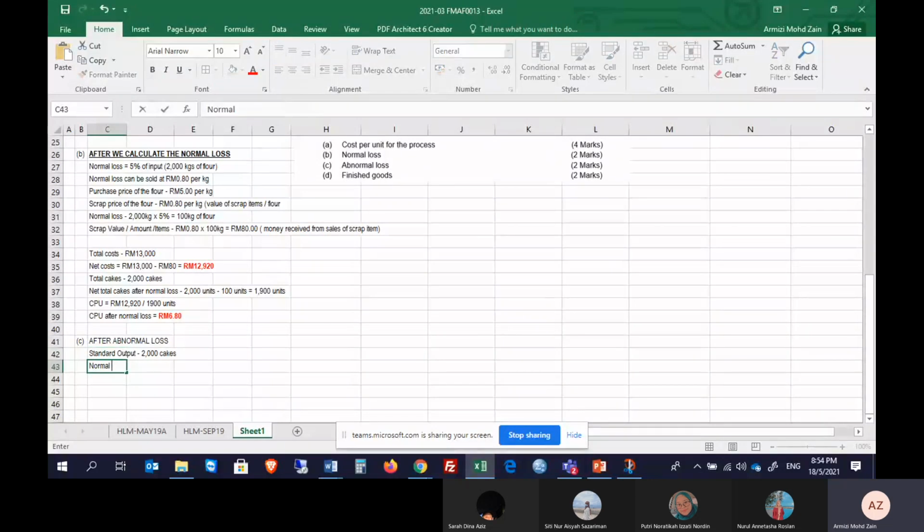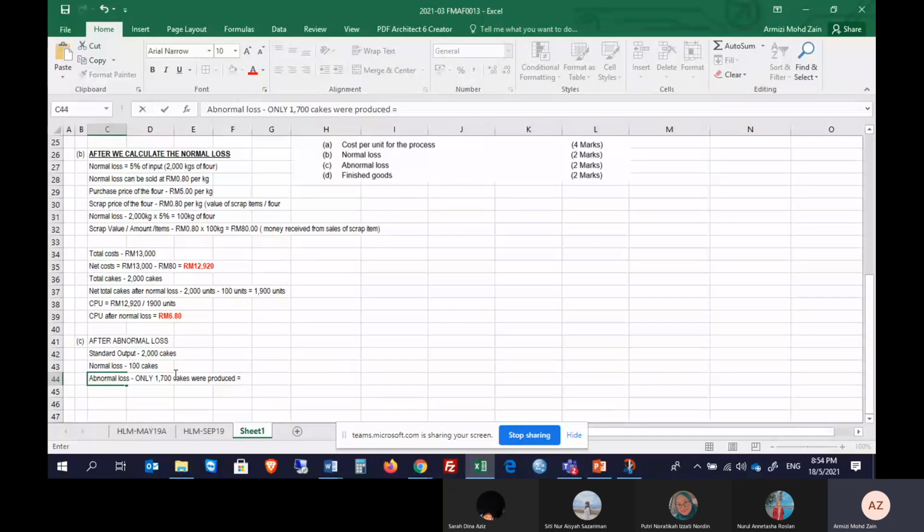Okay. Normal loss dia ialah 100 cake. Abnormal loss dia. Okay. You tengok kat sini dia kata only 1700 cake were produced. Okay.